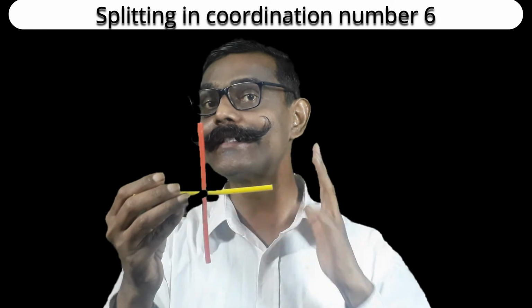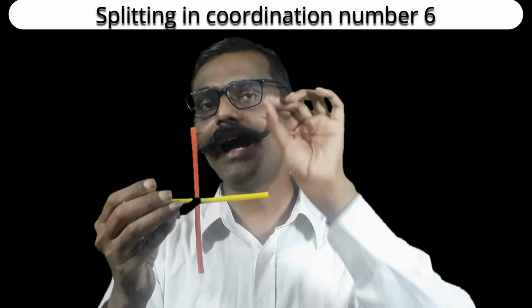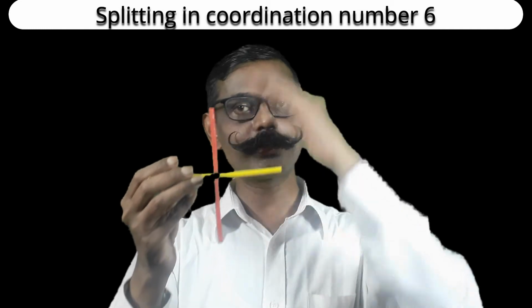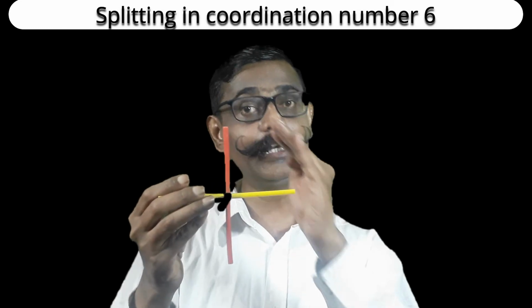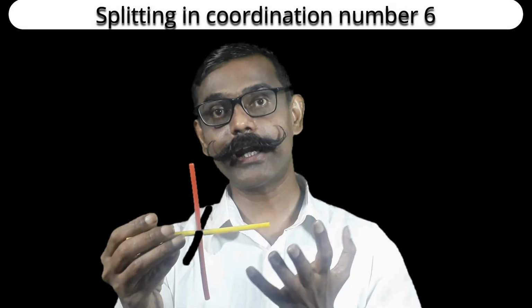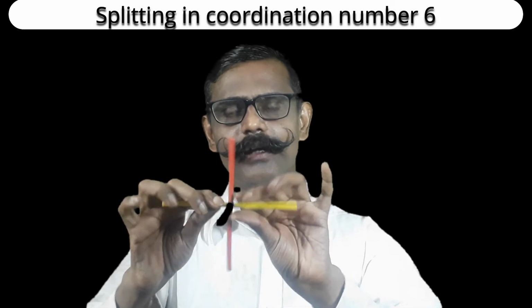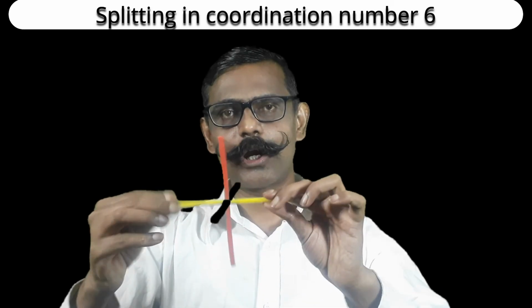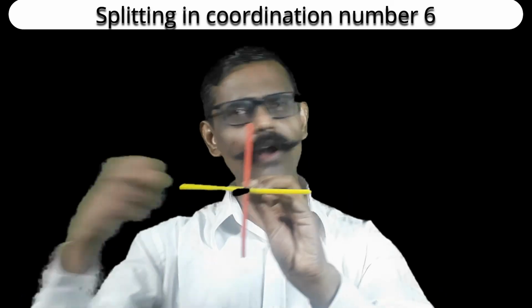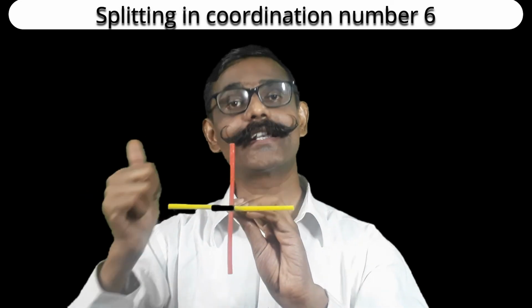Those are called axial orbitals. And the other, non-axial orbitals, are dxy, dyz and dxz. Among these two sets, axial and non-axial, which set will experience more, strong interaction? Yes, axial orbitals. If I consider the dx square minus y square orbital, then the lobes which are along the x-axis and y-axis will experience strong interaction compared to dxy, where lobes are in between the axes.